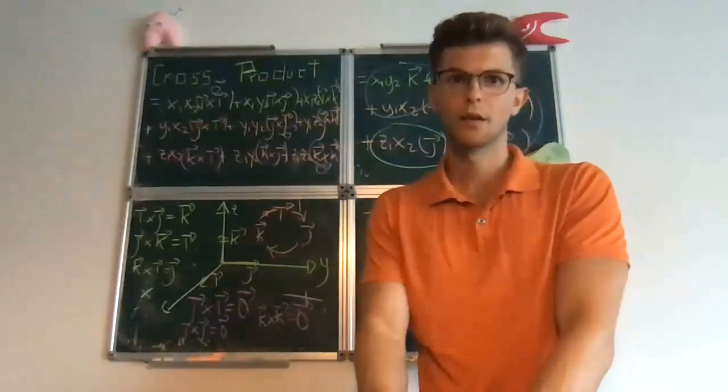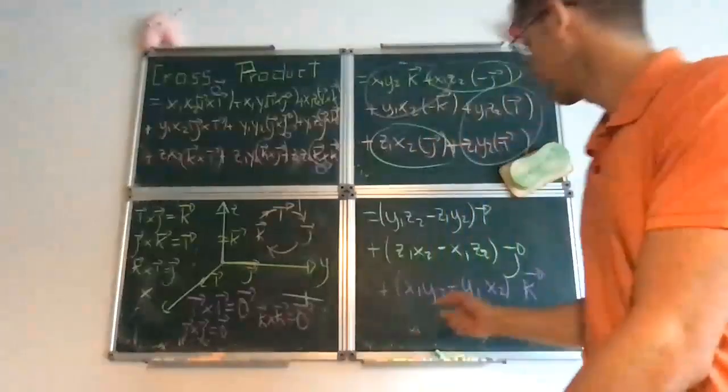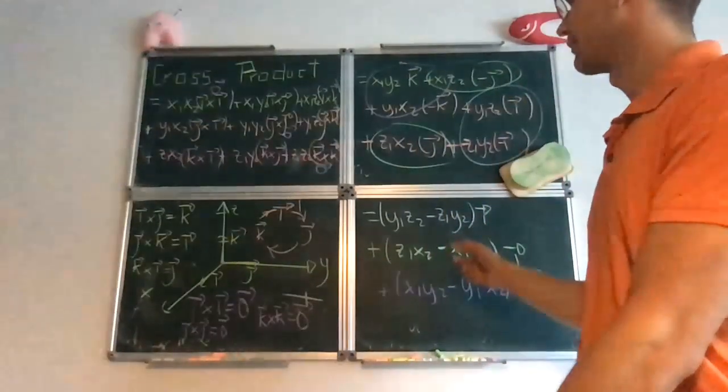Okay, and so this is the formula for the cross product of u and v.